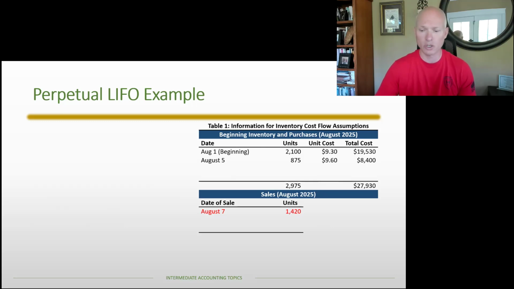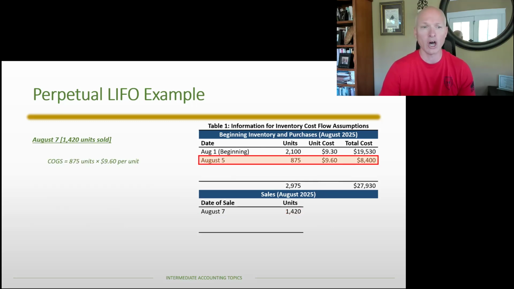With cost of goods sold, we're going to start with that August 5th layer. So if we sell 1,420 units, we're going to pull directly from our August 5th layer, because, again, last in, first out. The August 5th items were the last ones in, so they're the first ones out.